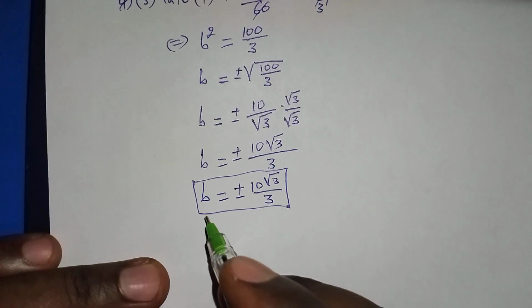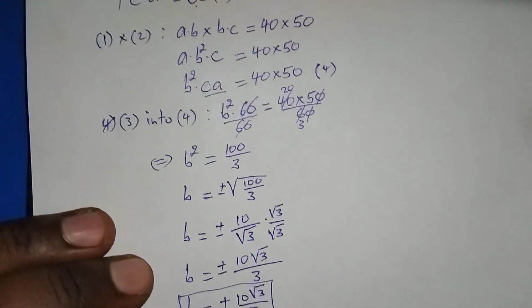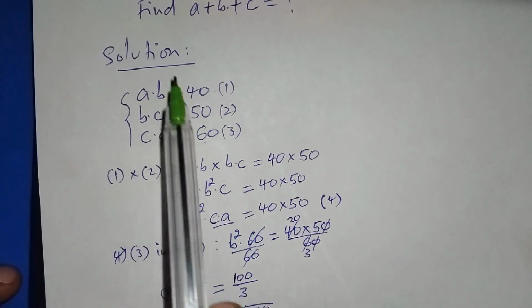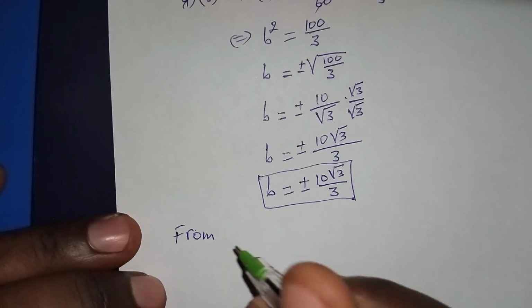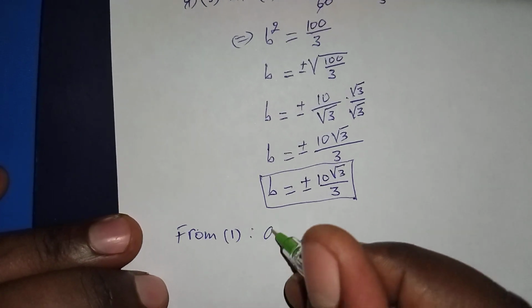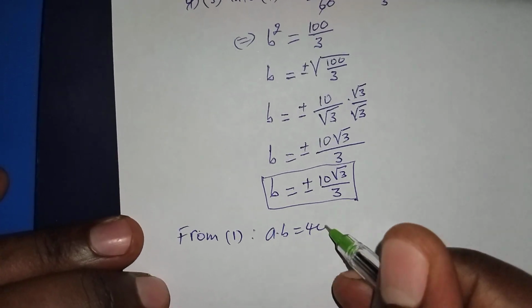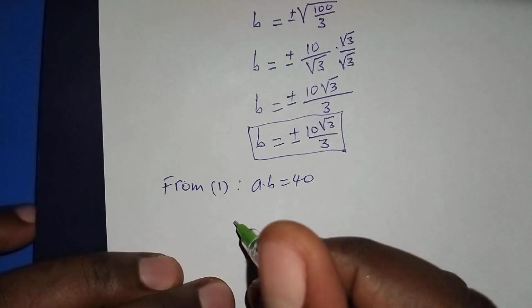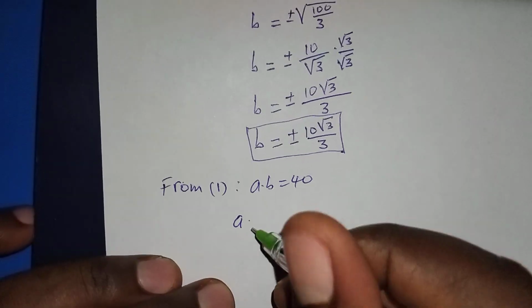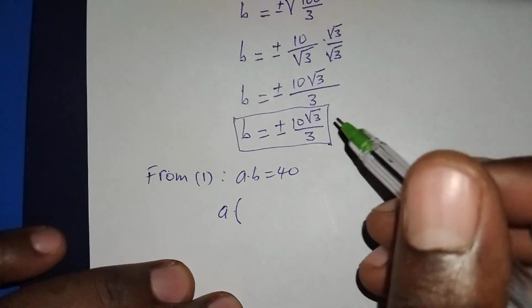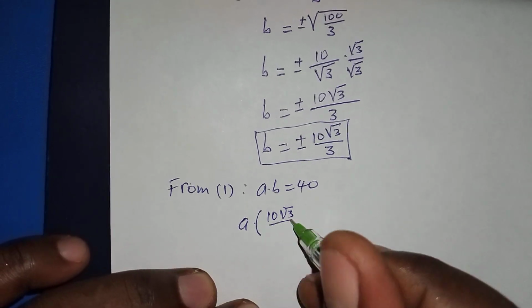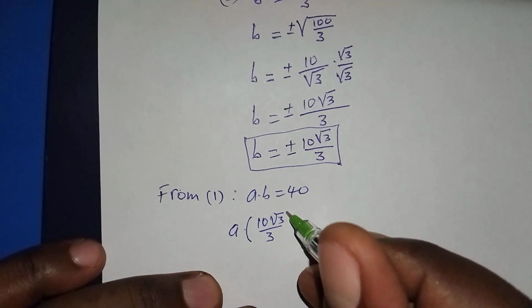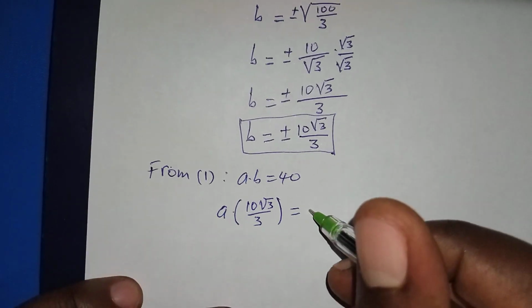Then from this value of B we can find the value of A, having A times B equal to 40 from equation 1. So we have A times 10 square root of 3 over 3 equal to 40.